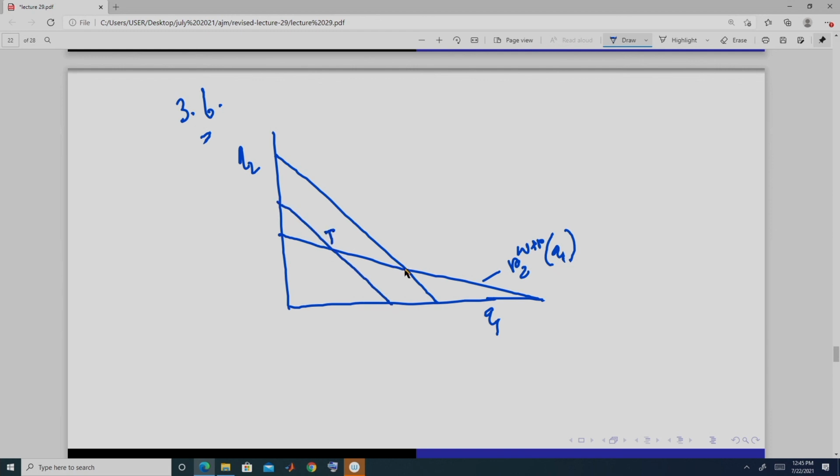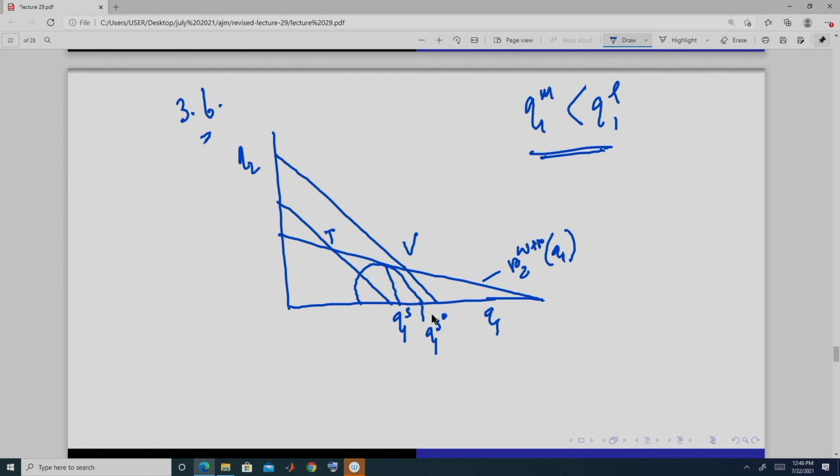So, this is point T and this is point P, and this is Q1S. So, here Q1L is greater than Q1M, because we have already taken when it is less in the previous case, and this is Q1S naught. Okay.